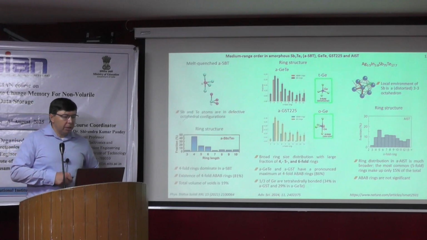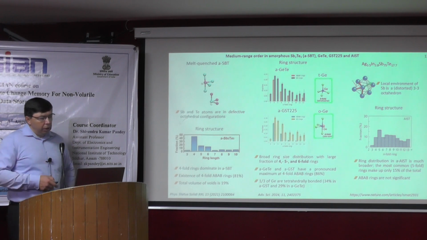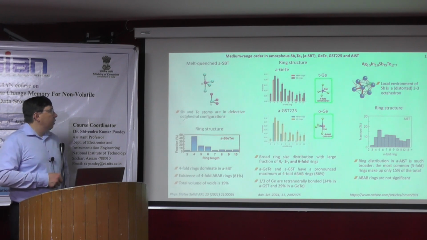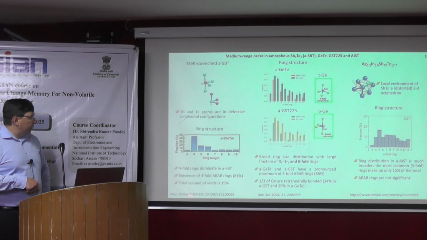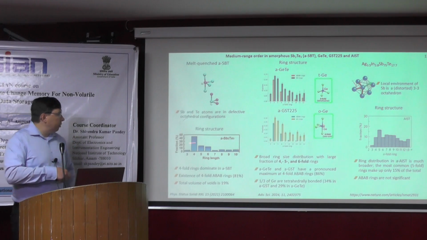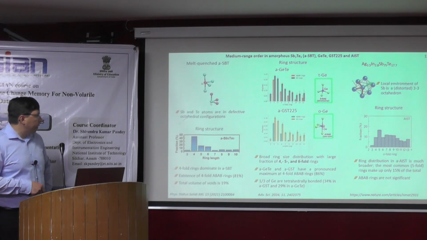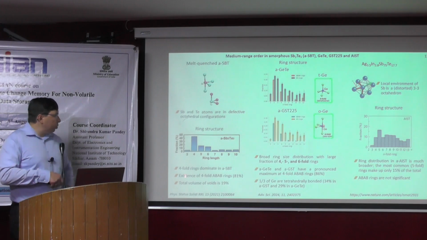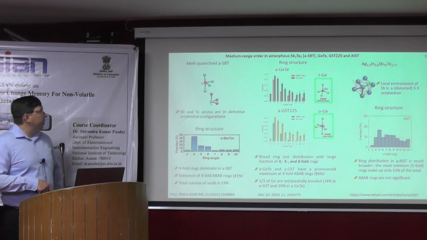This is the ring statistics after model construction and quenching for amorphous antimony telluride. In this publication, the authors found different rings with different lengths, but the fourfold rings dominated in amorphous antimony telluride. They also found fourfold ABAB rings at 81%, and a total volume of voids of 20%.